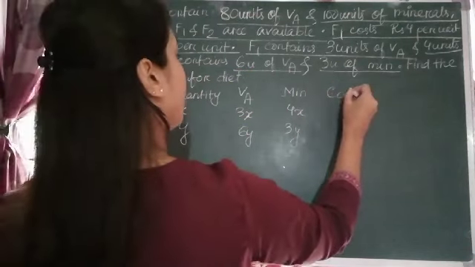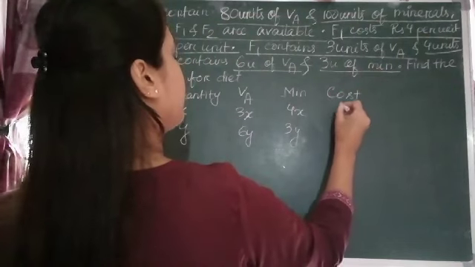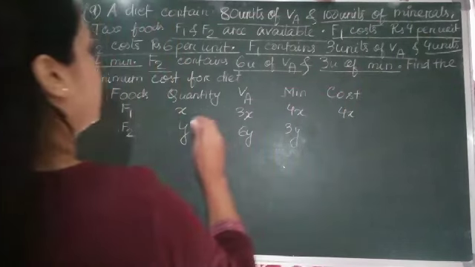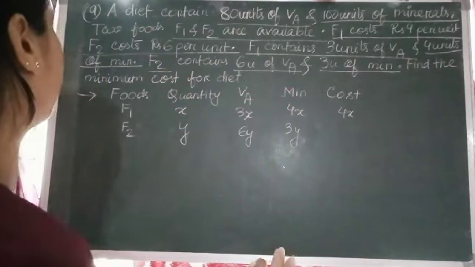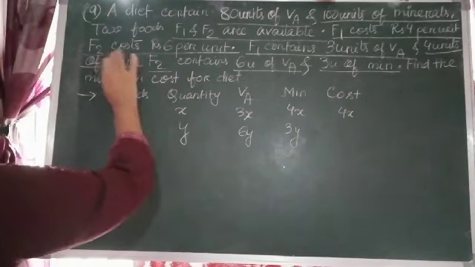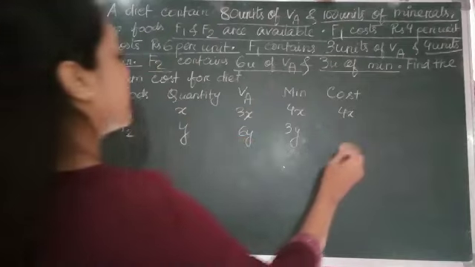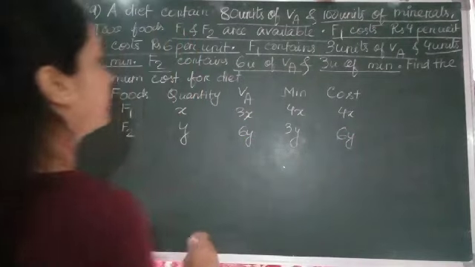Also the cost per unit is given, that is 4x for the food F1, and for food F2 the cost is rupees 6 per unit, so 6y.